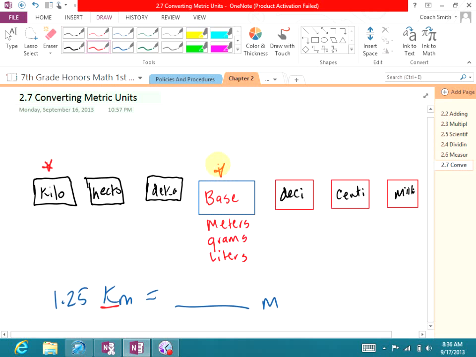Well, this is where meters is at. So I'm going to go back 1, 2, 3 places. I moved to the right 1, 2, 3 places.